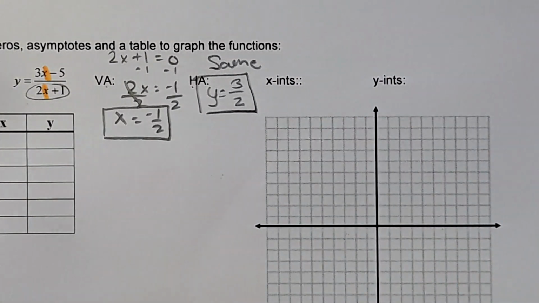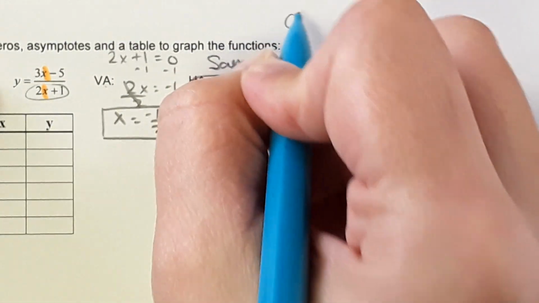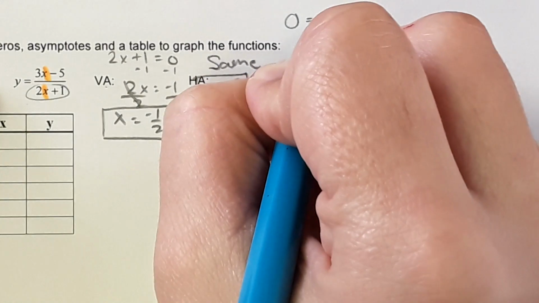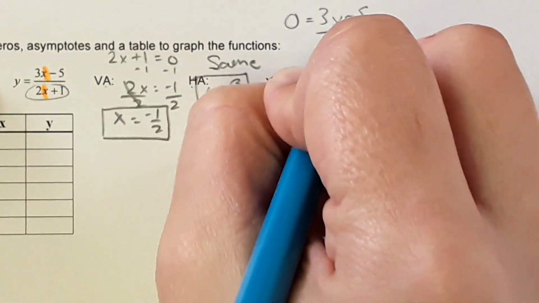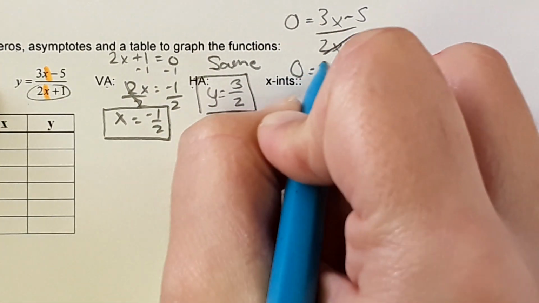Then for x-intercept, that's when y equals 0. So 0 equals 3x minus 5 over 2x plus 1. This just cancels.